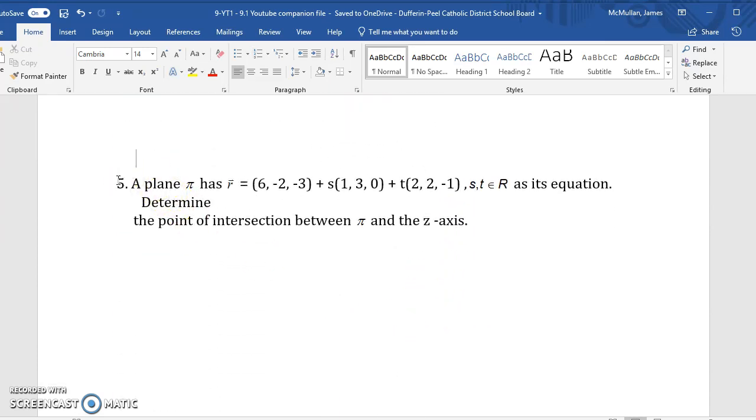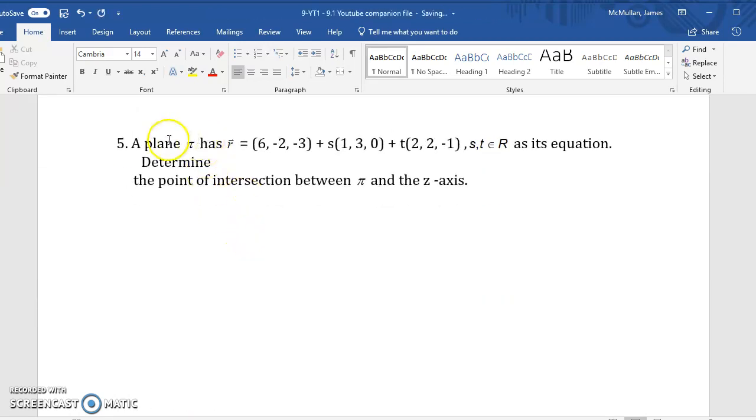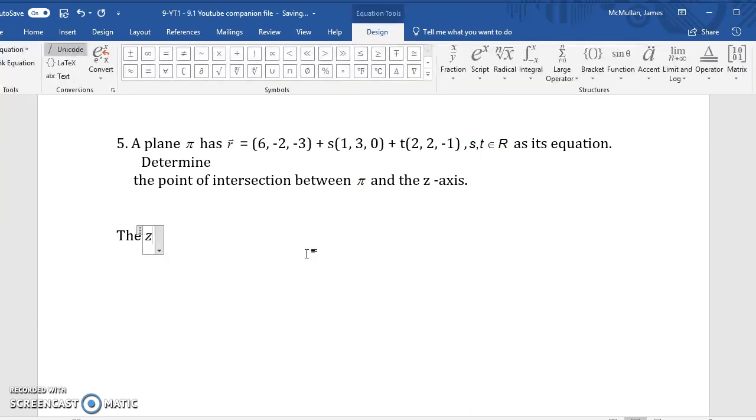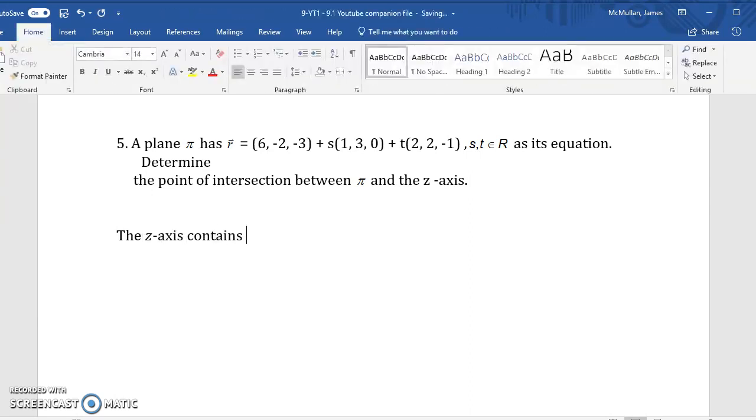Now, the last question, we're given a plane and we're asked to determine the point of intersection between pi and the z-axis. Now, what do we know about the z-axis? The z-axis contains all the points of the form 0 x movement, 0 y movement, z.